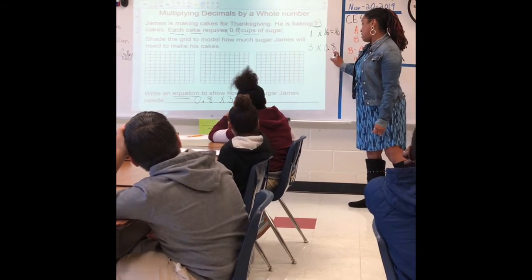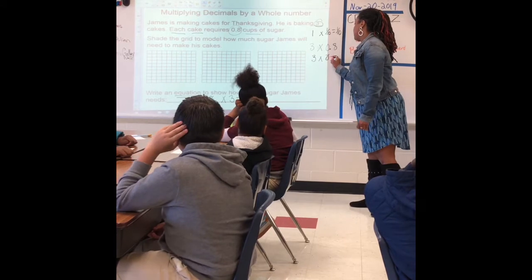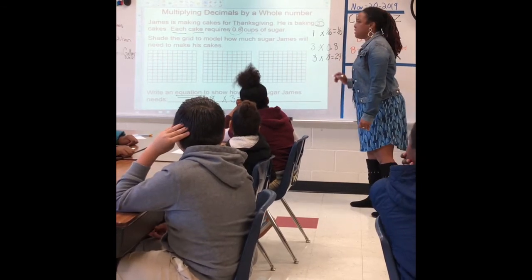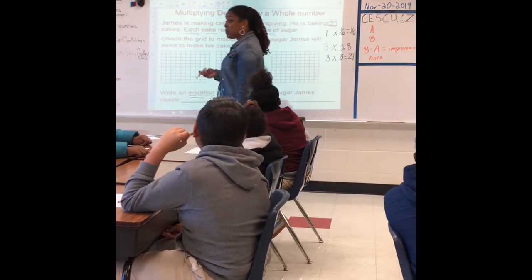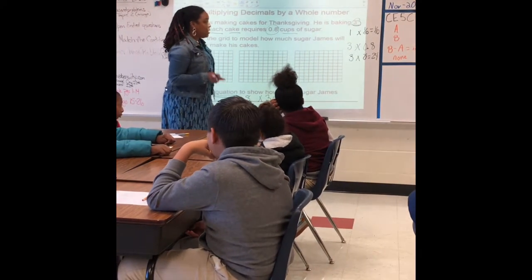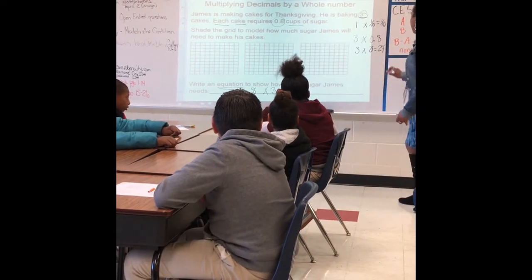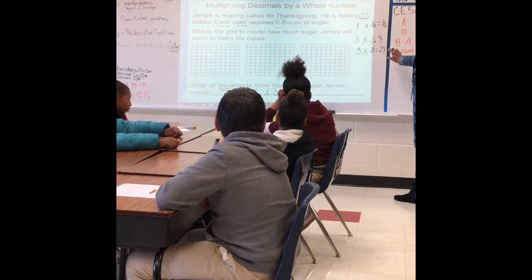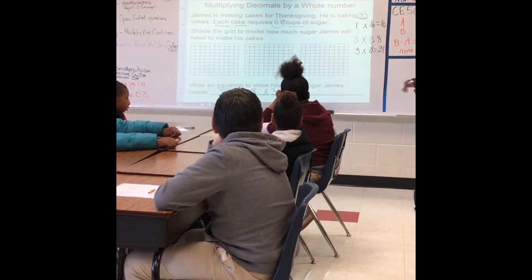I know that 8 times 3, or 3 times 8, is 24, because 8 and 8 is 16, and 16 plus 8 is 24. So, how do I make 24 a 10th?